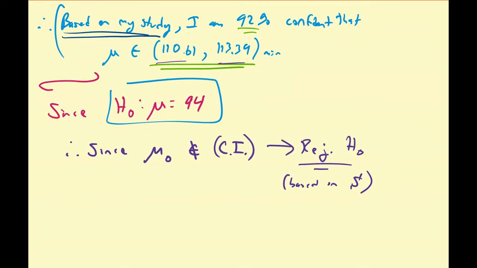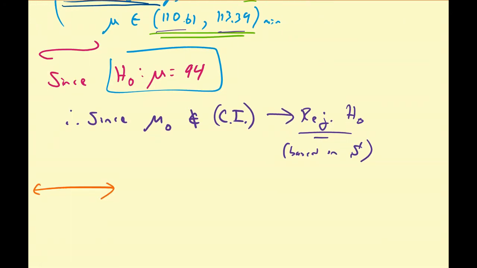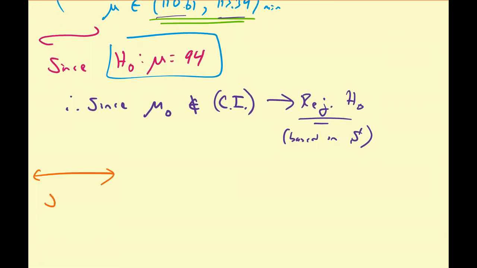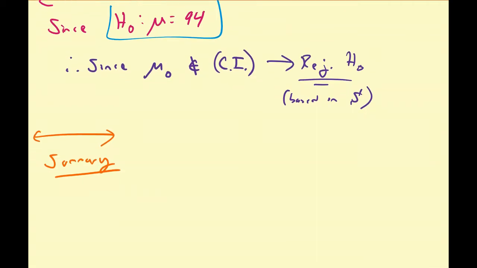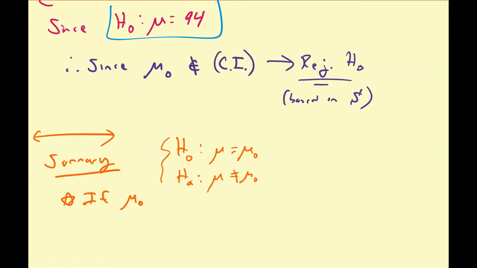That's pretty much how you go about conducting a hypothesis test for the population mean with confidence intervals. The two basic things you are going to have in front of you: the null hypothesis H0 is that mu is equal to something, and this applies for the alternative that mu does not equal that number.